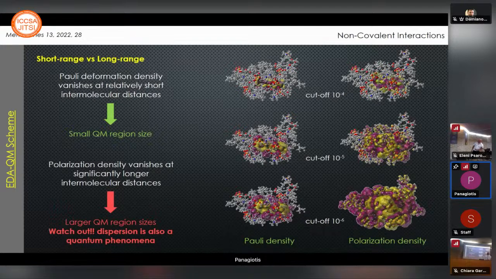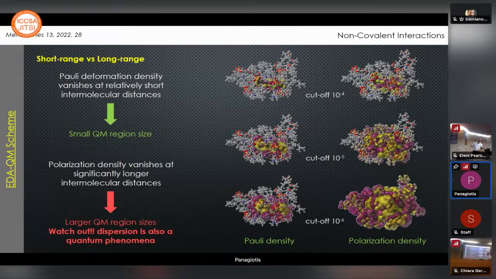You can see that the Pauli density vanishes at relatively short interatomic distances. So we need a small QM region size to account for these interactions. But in the case of polarization density, it vanishes at a relatively longer interatomic distance.